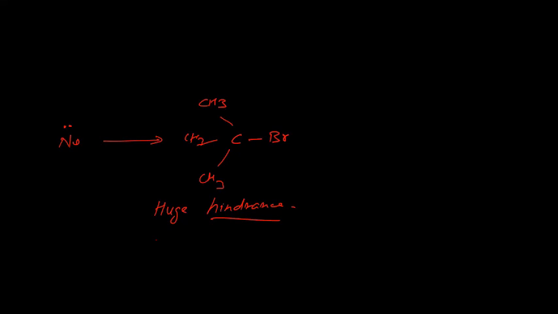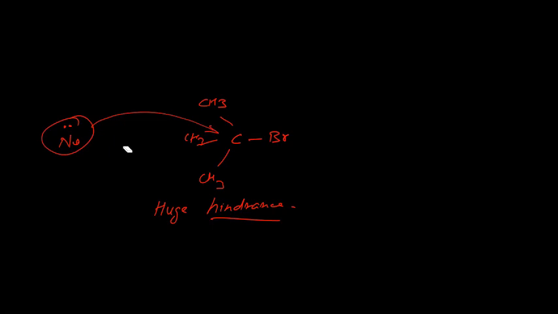Now, before that, I need to make it very clear that it is not that a particular type of reaction will always take place. Only that reaction will take place which is easier to happen. So if elimination is easier, elimination will happen. If substitution is easier, substitution will happen. In this case, substitution will not be possible because the nucleophile will not be able to attack this carbon due to huge hindrance.